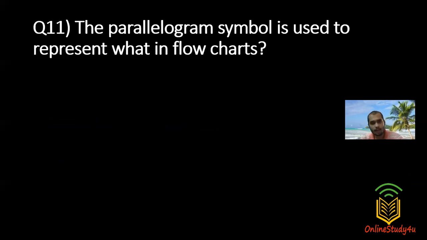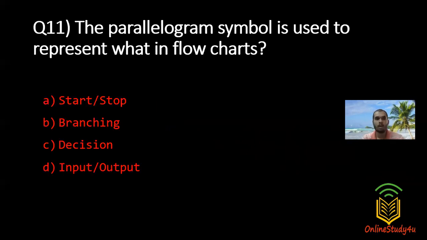The parallelogram symbol is used to represent what in flowcharts? Option A, start, stop. Option B, branching. Option C, decision. Option D, input, output. If you don't know, you write flowcharts. I don't know if you have the habit of writing these. You write an algorithm and you write a flowchart for it, and then you actually write the code. A flowchart is nothing but you do it with some symbols like this.